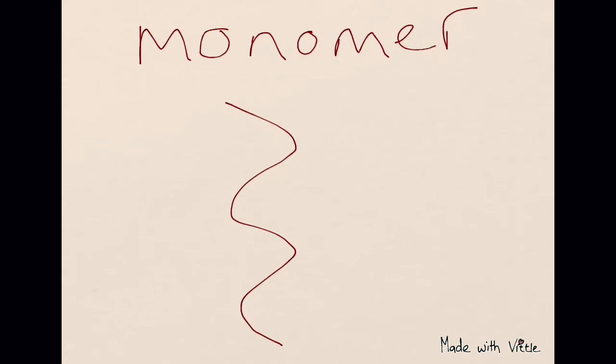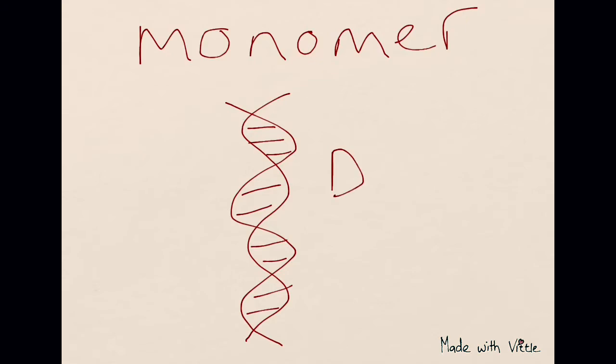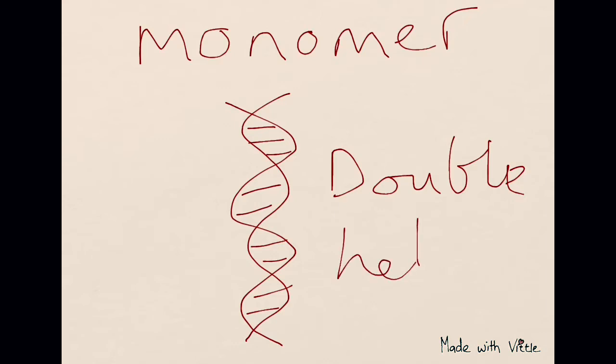So we know on a slightly larger scale that DNA forms a double helix. A double helix means that it is made from two different strands. Here is one strand, and here is strand number 2.